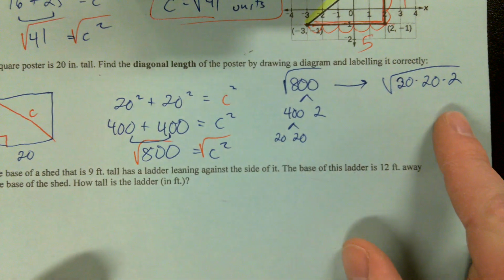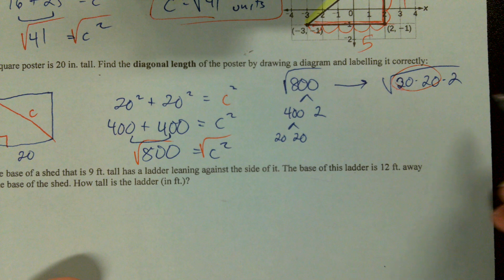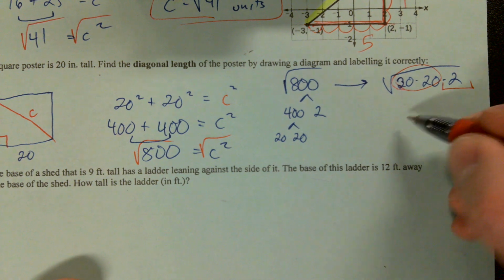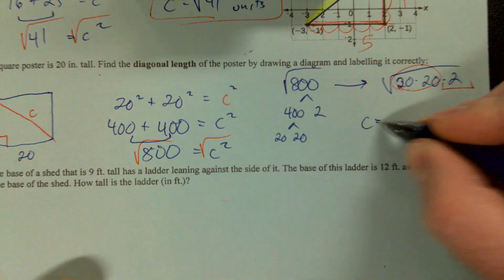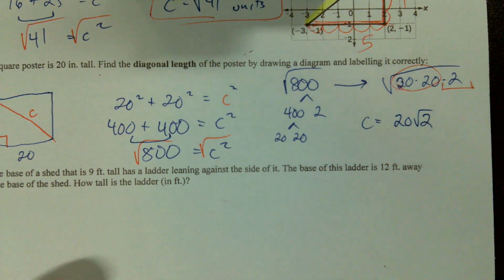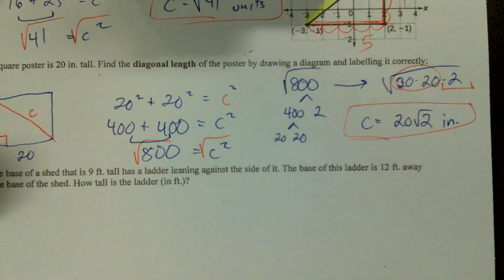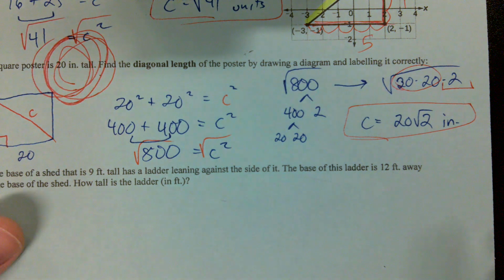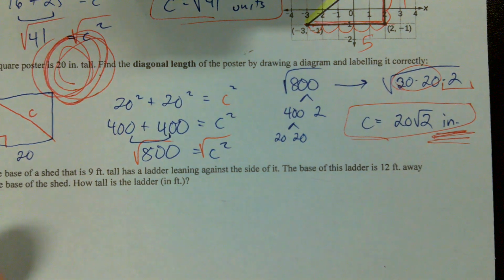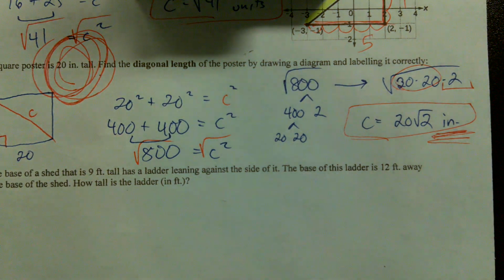Is there any pairs in there I can circle up? Pair of 20s, what gets left behind? 2. C is equal to 20 root 2 what? Not units, inches. When we have specific units, like we do right there, we want to include those specific units in our answer. Don't just put units, put the actual units. Inches.